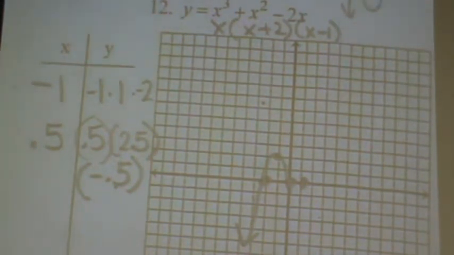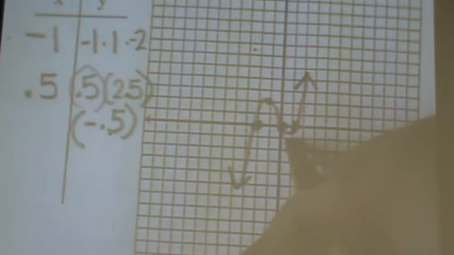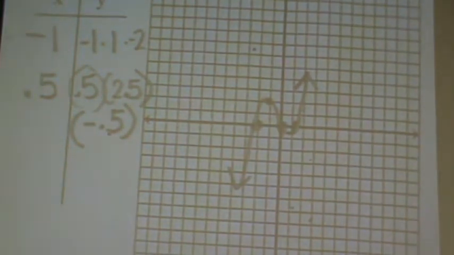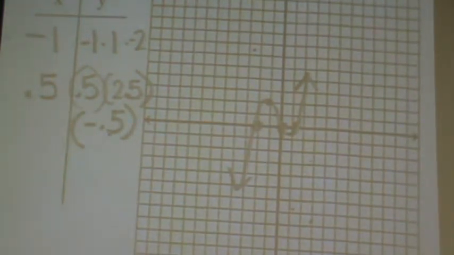It's going to be a small number. So 0.5 times -0.5 times 2.5, you're going to get -0.625. So it's really low. It's not even hitting -1. Okay, that's your graph. How about the next one?